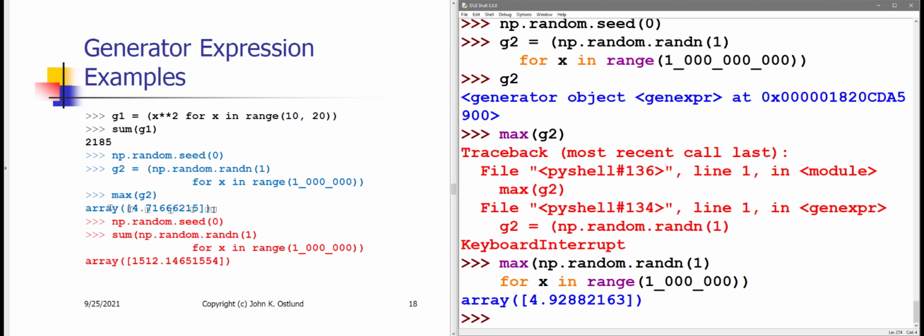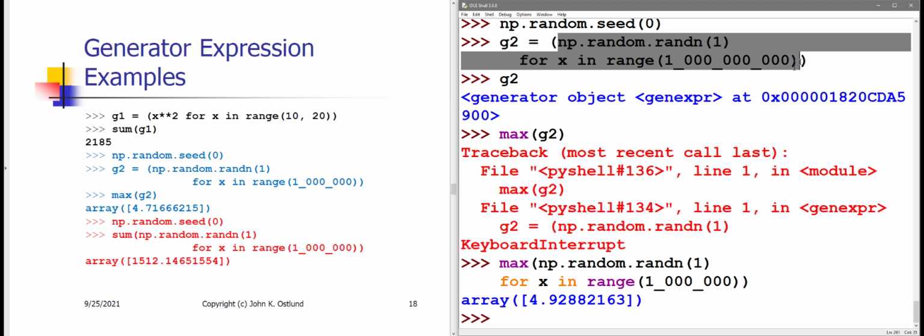Now, in my course notes, I have the value 4.7166, etc. Here, I'm not getting the same value because we used this generator expression, so I forgot to reset my seed to 0. In any case, you can see what's going on. And here at the bottom of slide 18, I'm doing the same thing with sum.